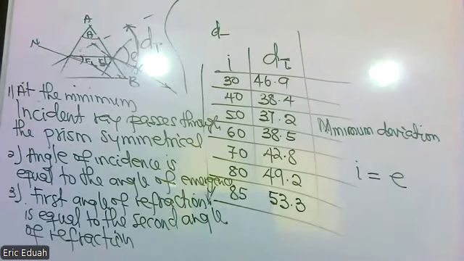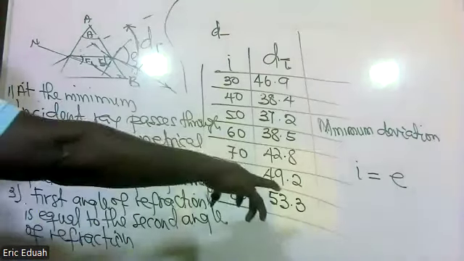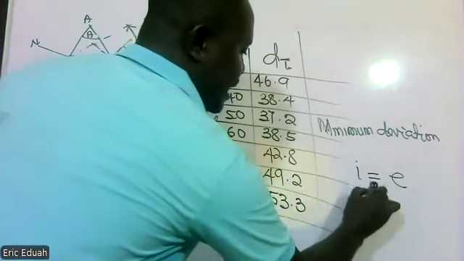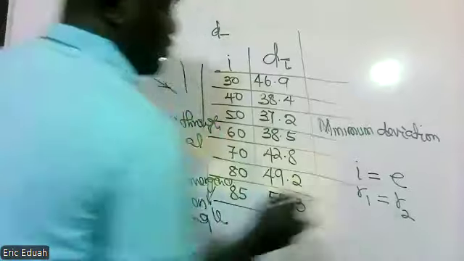So we are saying that at the minimum deviation, I is equal to E and R1 is equal to R2.